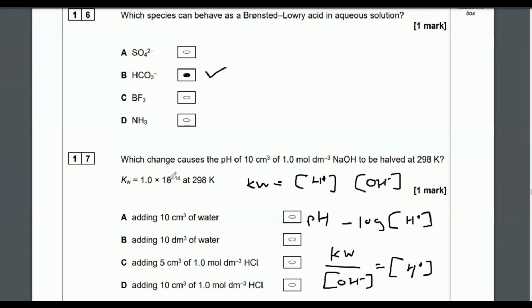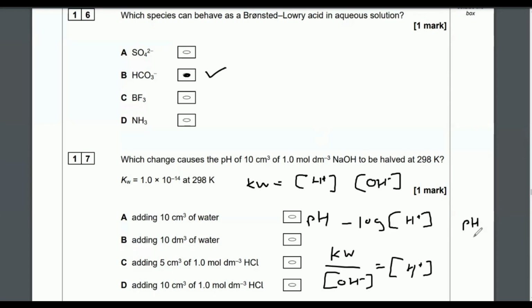So essentially, I just want to do Kw over 1, which is 1 times 10 to the minus 14, divided by 1, and I'm going to get 1 times 10 to the minus 14. That's the hydrogen ion concentration. And if I take minus log of that, I'm going to get pH 14. So this 10 centimeter cubed has a pH of 14.